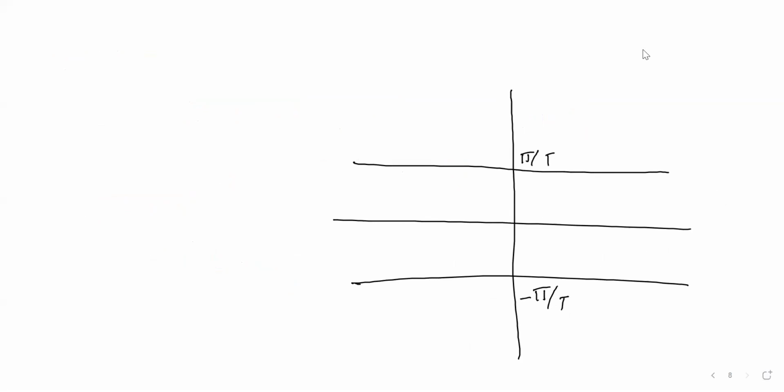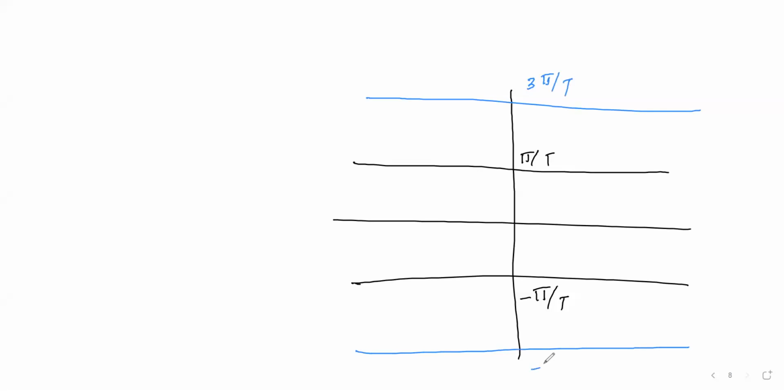Let this be 3 pi by t, this is minus 3 pi by t. Now this is your sigma axis, and above it is the j omega axis. I will show you here.